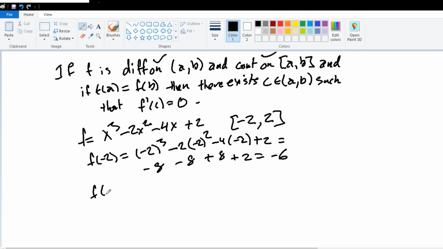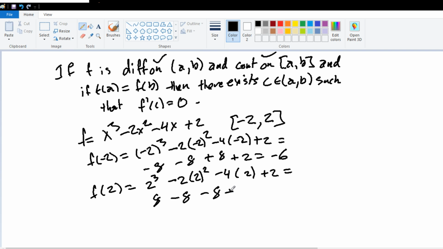And then f of 2 is equal to 2 cubed minus 2 times 2 squared minus 4 times 2 plus 2 equals 8 minus 8 minus 8 plus 2, which also equals -6.